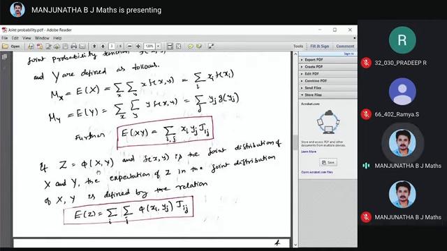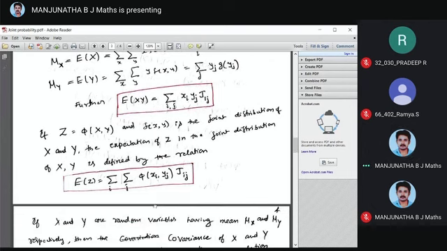If z is a function of x comma y, phi of x comma y, and f of x comma y is the joint distribution of x and y, then the expectation of z in the joint distribution of x, y is defined by the relation: expectation of z is summation ij phi of xi yj fij. Here phi of x comma y and f of x comma y is the joint distribution.